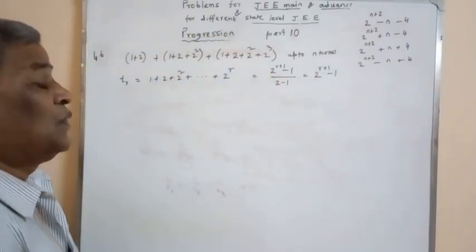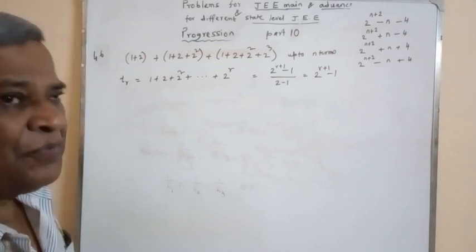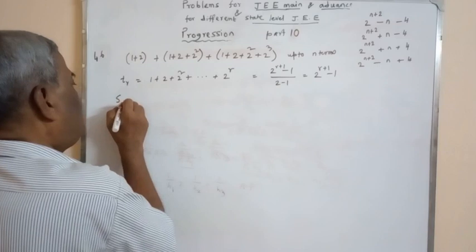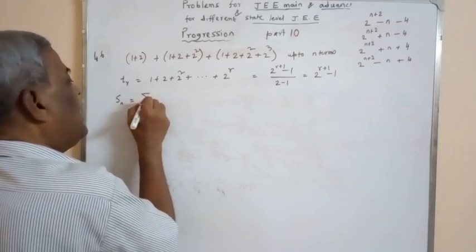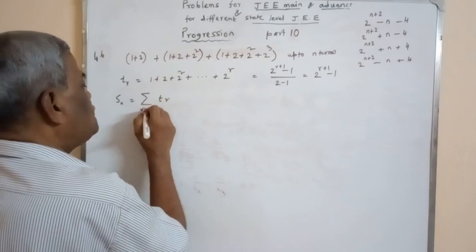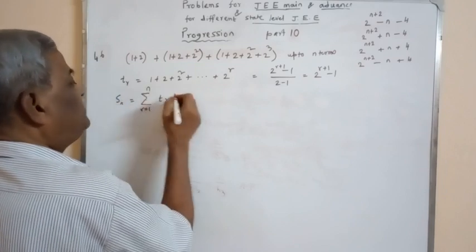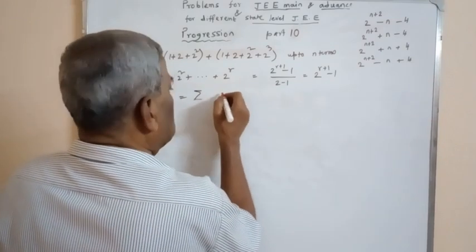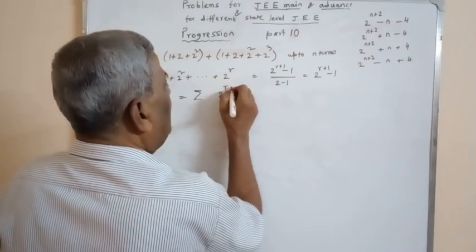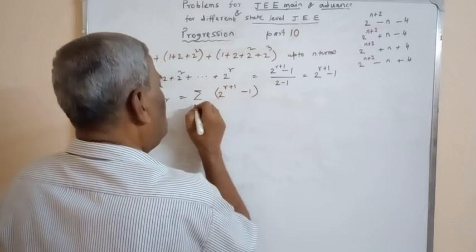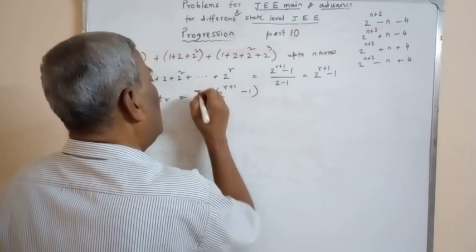That is the general term. We have to find sum of first n terms. So Sn is equal to sigma of TR, R ranges from 1 to n. So it is equal to sigma of 2 to the power R plus 1 minus 1 from R equal to 1 to n.